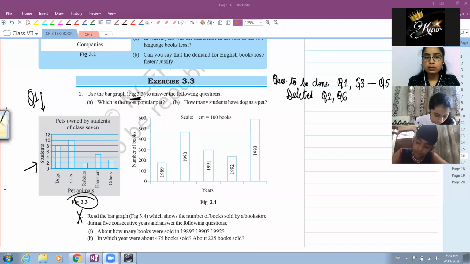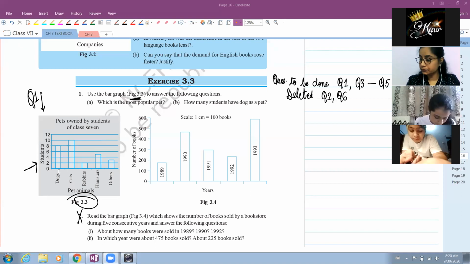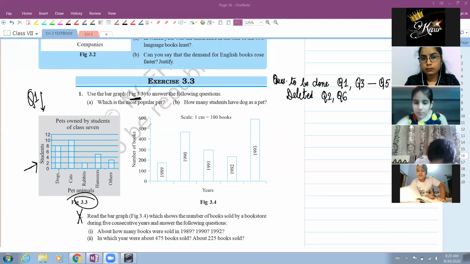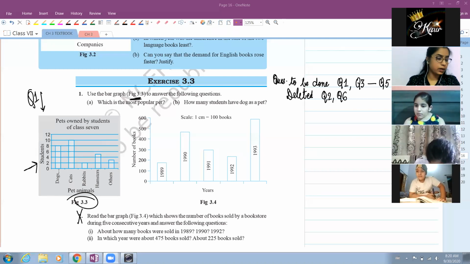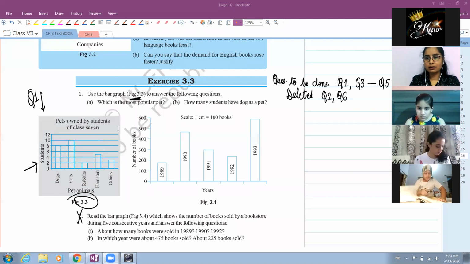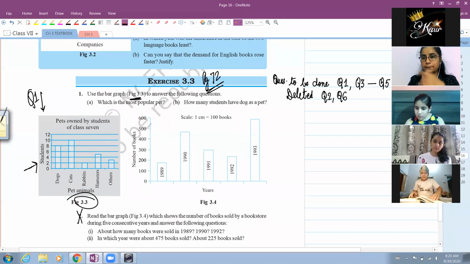So if I look at the rectangle for dogs, yes, Kanavpreet? Ma'am, in my book it is not. Ma'am, all questions are different. Is there anyone else whose questions are different? Ma'am, it's 3.3. Ma'am, it's also not the same. It's page number 72.